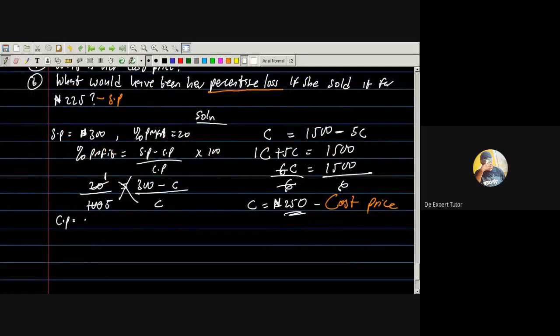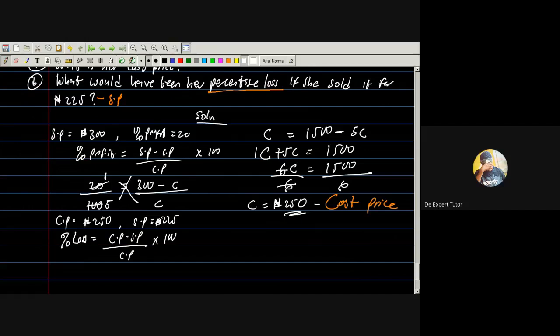That one cannot change because you bought your goods already, 250 naira. Now they give you the selling price to be 225 naira. There will definitely be a loss. You bought something for 250 naira, you sold it for 225. Surely there's a loss. So what's the percentage loss? The formula for percentage loss is equal to loss over cost price times 100.